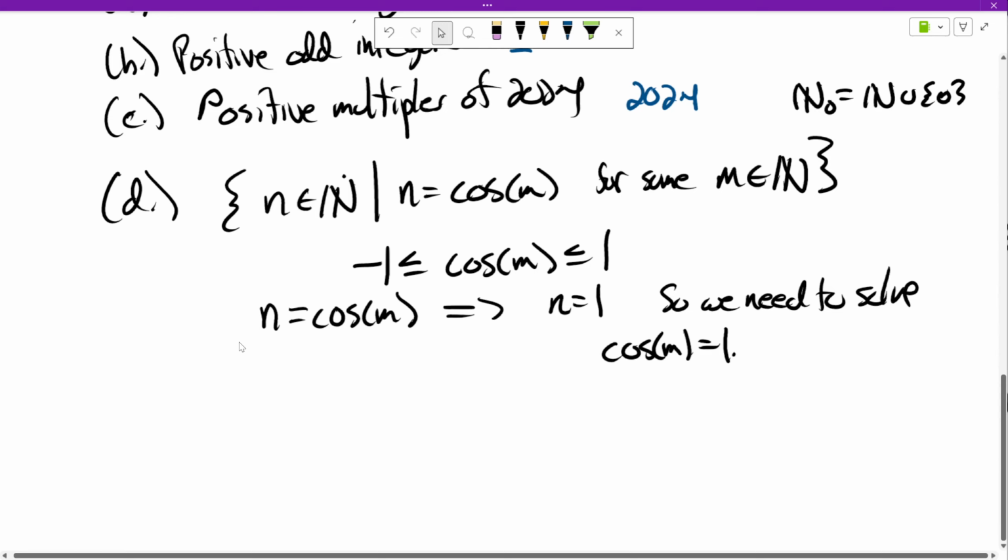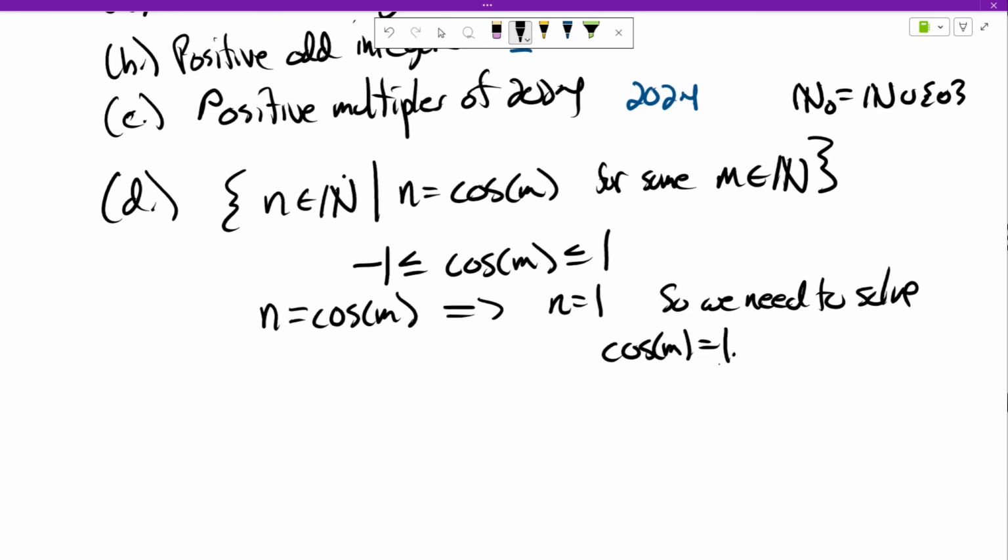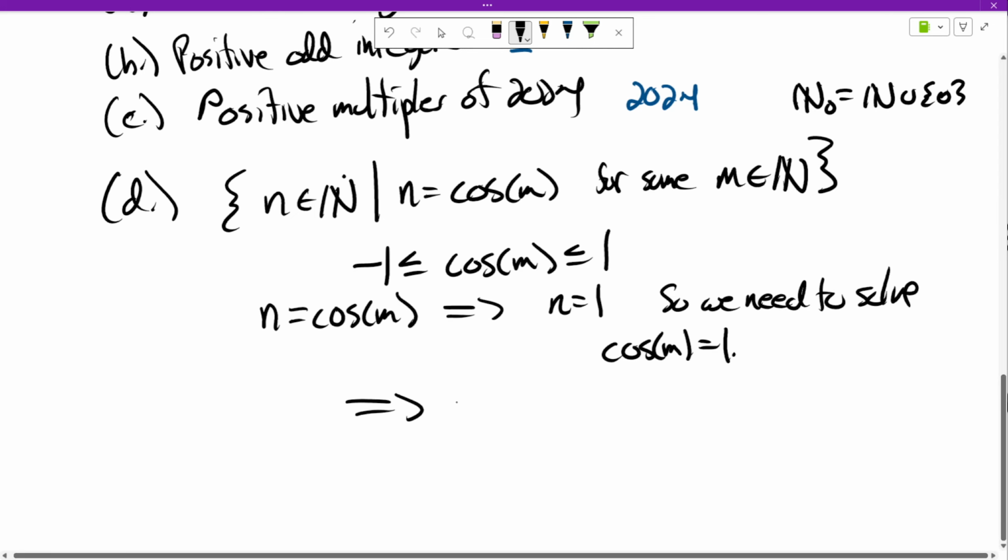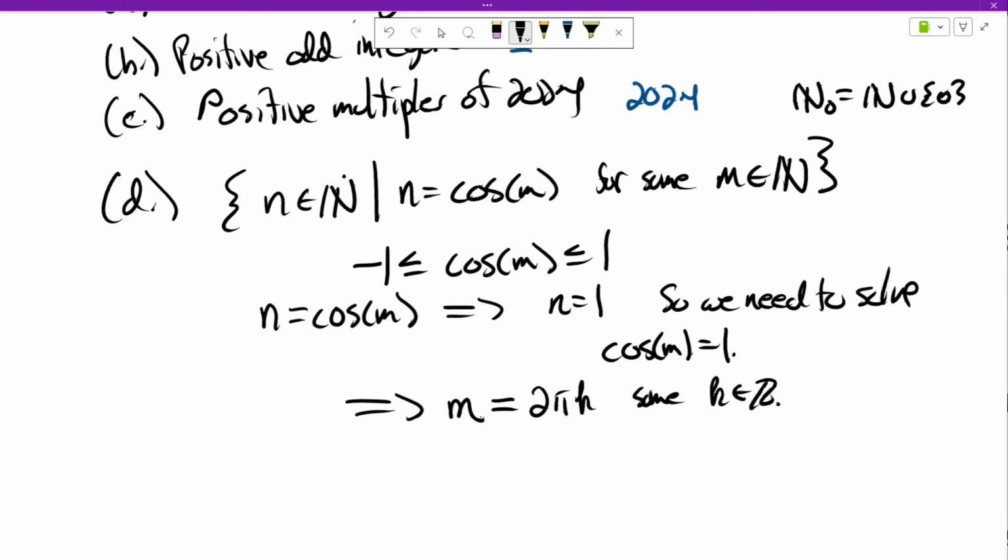Well, cosine of m is 1. This tells us that m is a multiple of 2 pi. However, the only time that a natural number is a multiple of 2 pi is when that multiple is 0.